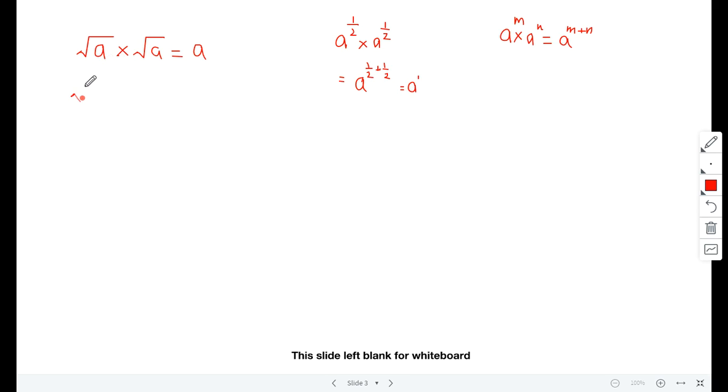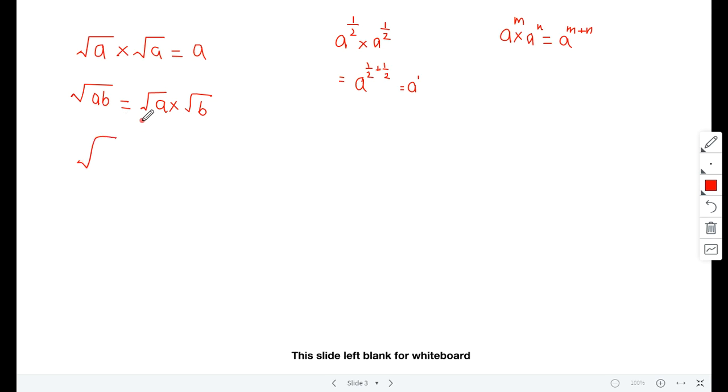Then root ab is equal to root a multiplied by root b. And the third rule is division. That means you can easily separate out.